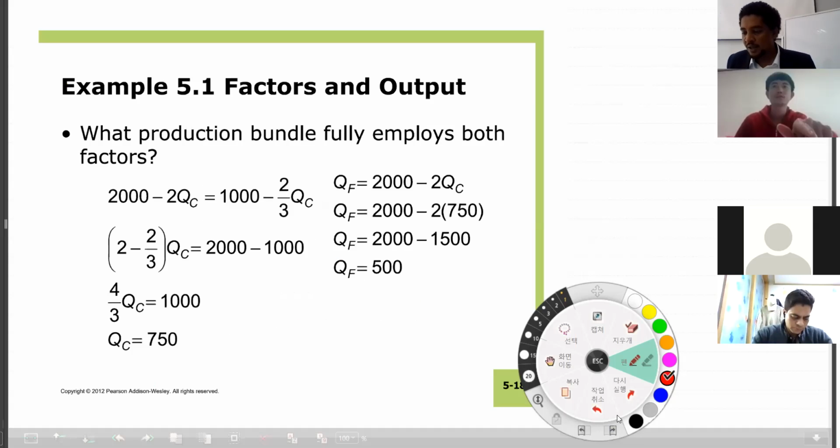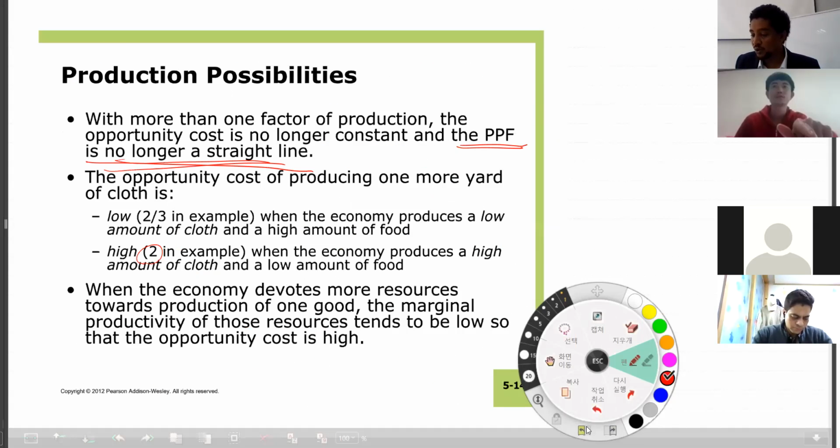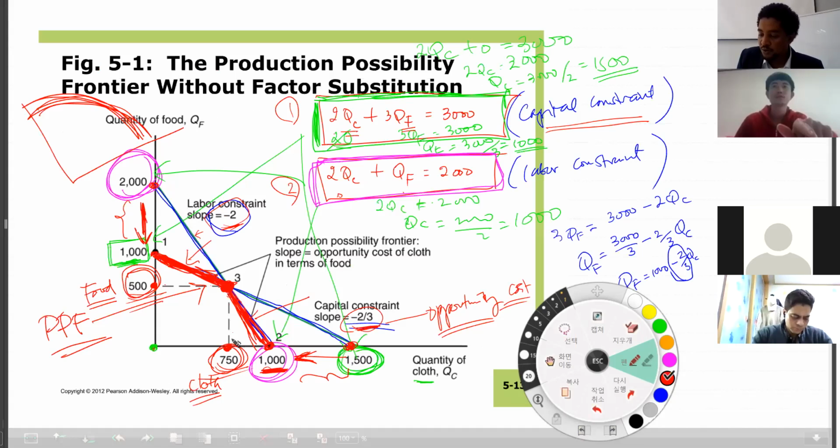Okay, and you might say, in the production possibility frontier here, what I have done is I just told you to go down to this and find the quantity of clothes, go to the right and find the quantity of food. But you cannot just automatically know whether the point here is 500 or 600, or whether this will be 700 or 800.